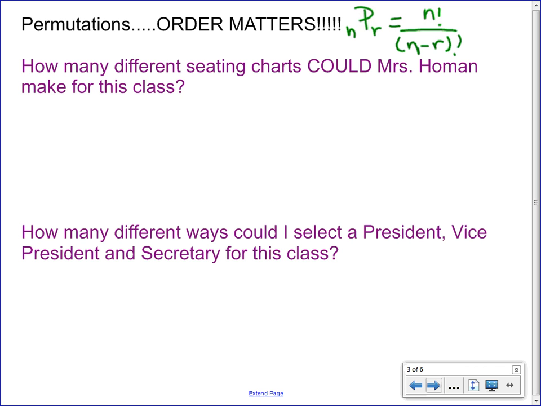So, order is important in a seating chart. So in this class, how many seating charts could I make? How many of you are there? Count yourselves. 22.